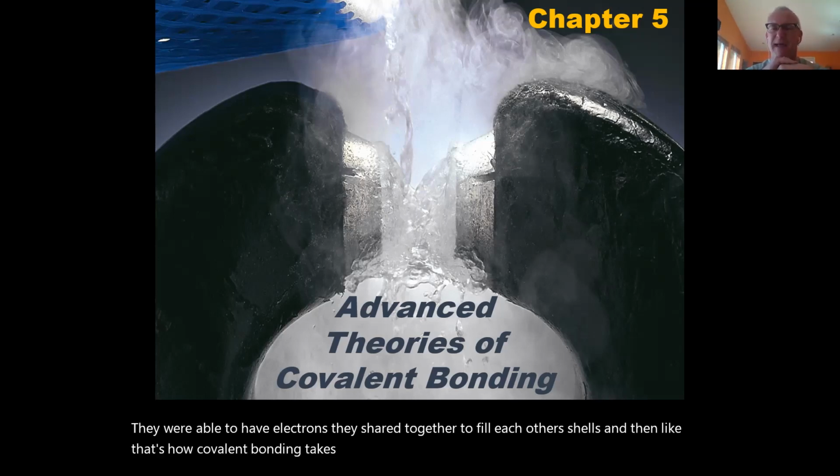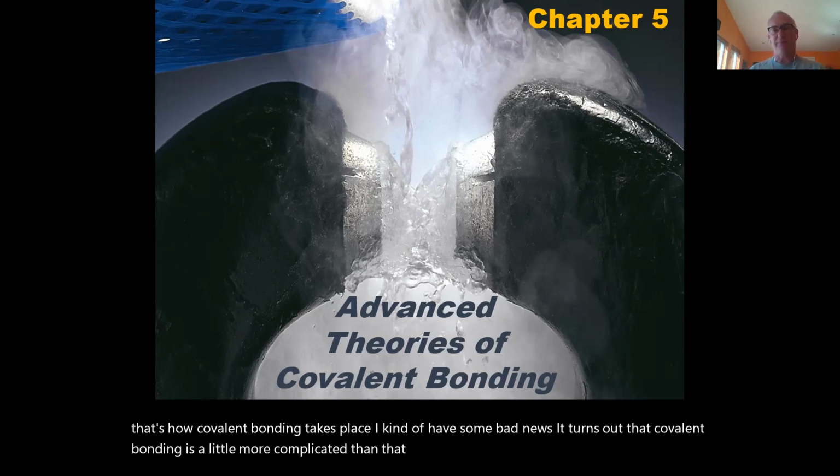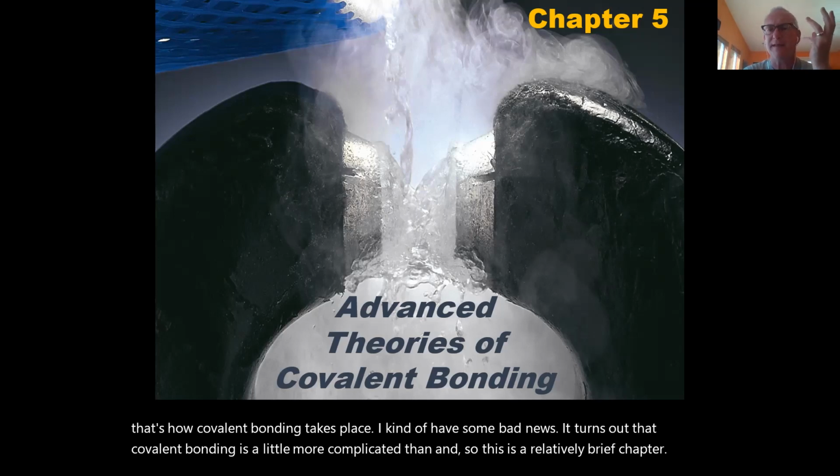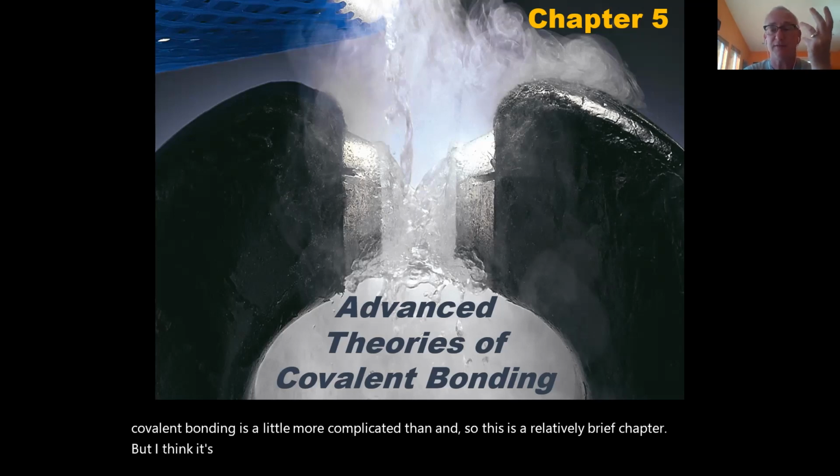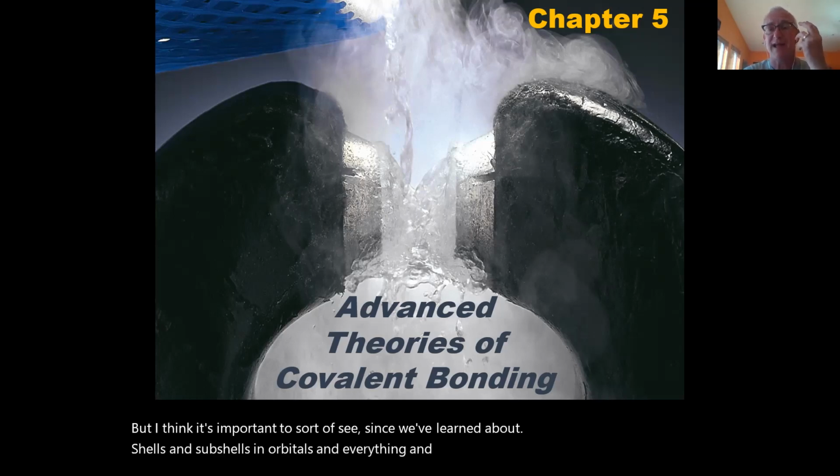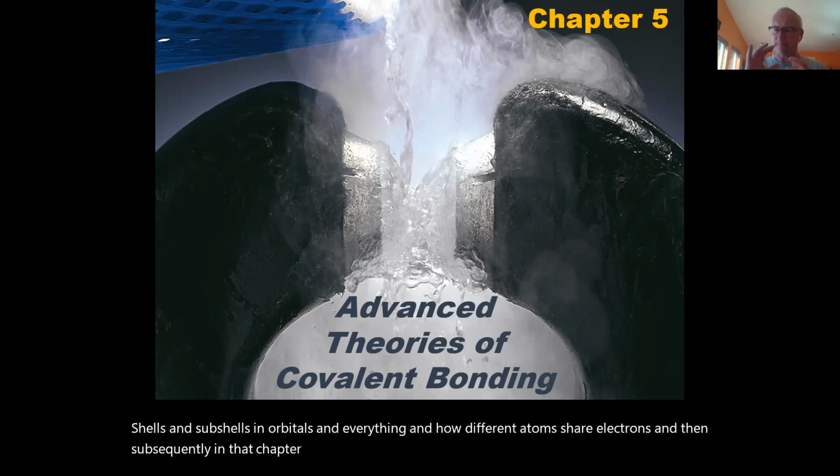Well, I have some bad news. It turns out that covalent bonding is a little more complicated than that. So this is a relatively brief chapter, but I think it's important, since we've learned about shells and subshells and orbitals and how different atoms share electrons, and then in chapter 4 we learned about shape.